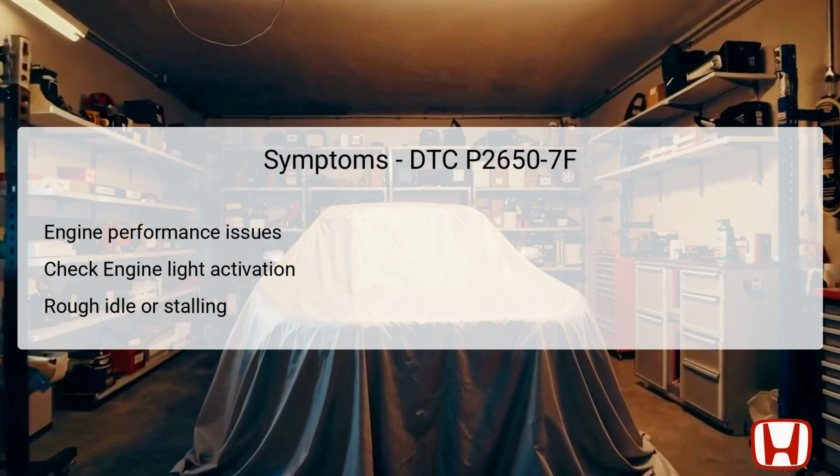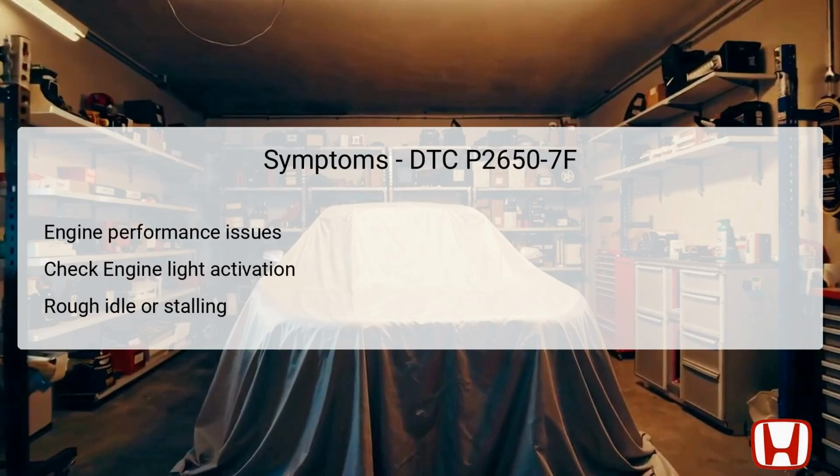Drivers may notice several symptoms associated with DTC P2650-7F. First, noticeable engine performance issues may occur, including hesitation during acceleration or a decrease in overall power. Since the rocker arm oil pressure is crucial for optimal VTEC operation, low oil pressure can greatly impede engine efficiency.